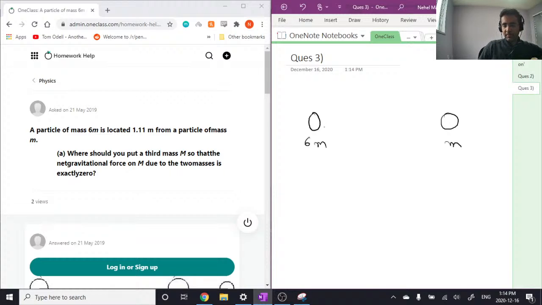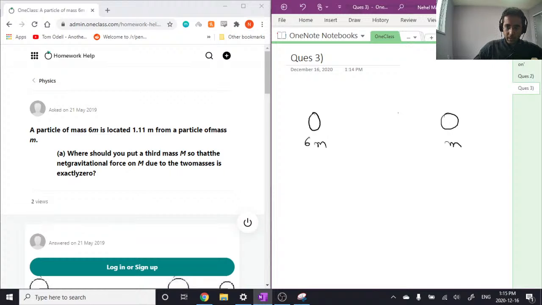Just intuitively, if we have a heavier object and a lighter object and we want to place a third object in between them, the third object will likely be closer to the lighter object, because the gravitational force is directly proportional to the mass of the object. In this case, the 6m is heavier, therefore the third object will be placed closer to the lighter one. So this is just as an intuition. We can actually calculate the value to find out where exactly it will be placed.